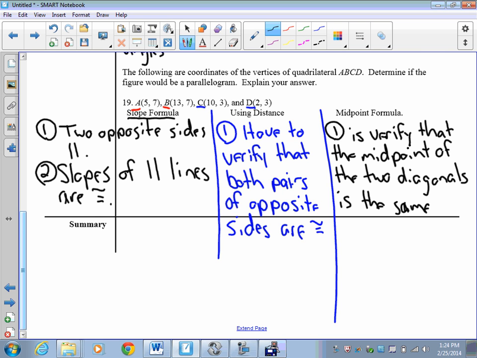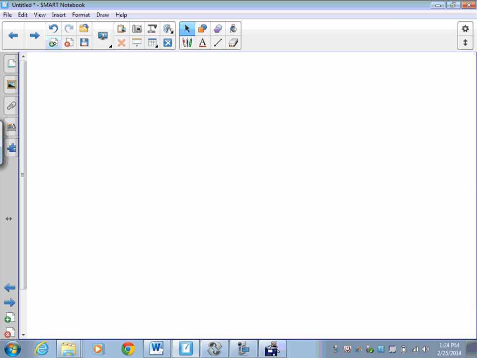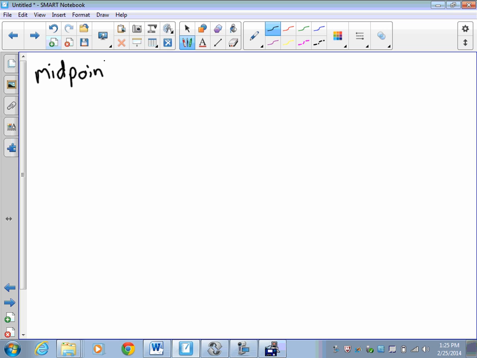That's because the diagonals bisect each other. So if we know that AC and BD, which are the diagonals, have the same midpoint, then we're going to see that this is a parallelogram.